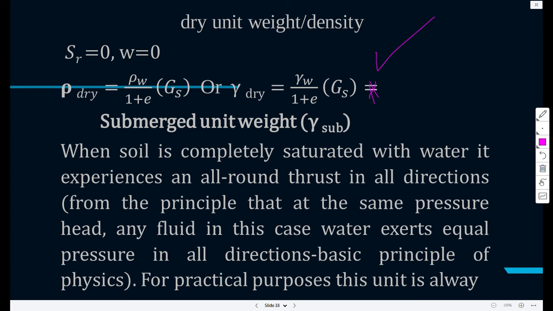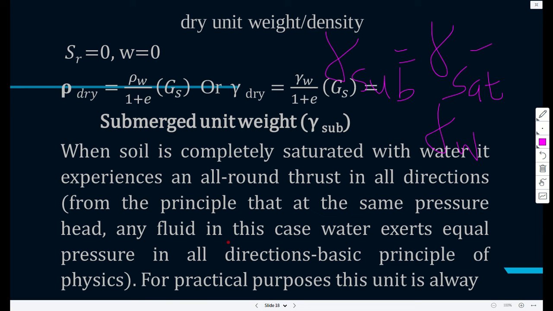So there is what we call the submerged unit weight. Now this is important. Submerged unit weight is usually called gamma submerged. This is the gamma sat minus gamma water.